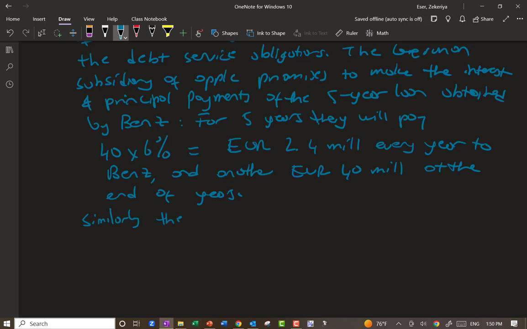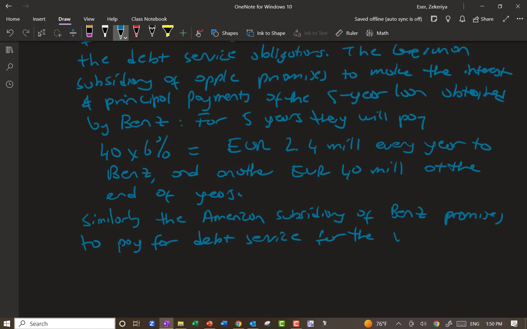Similarly, the American subsidiary of Benz promises to pay for debt service for the $42 million loan obtained by Apple.